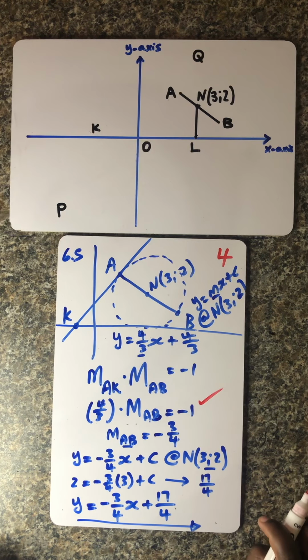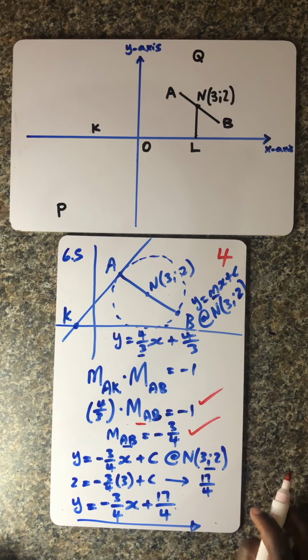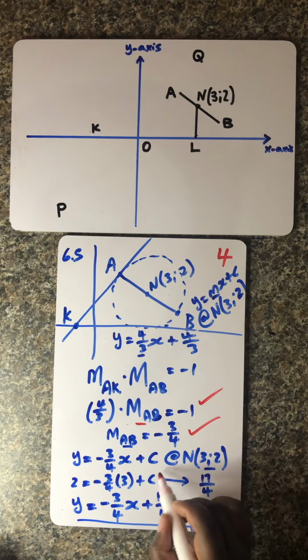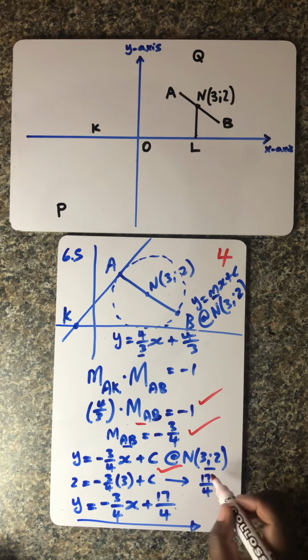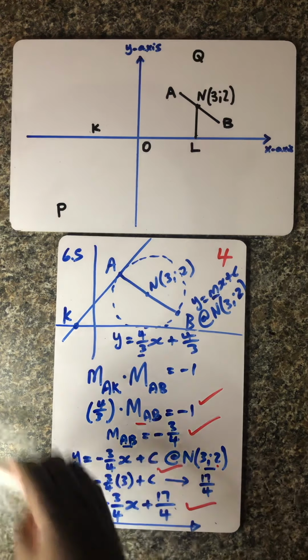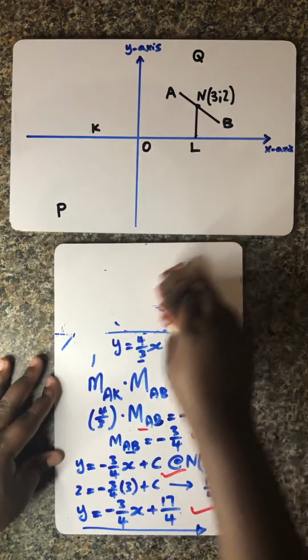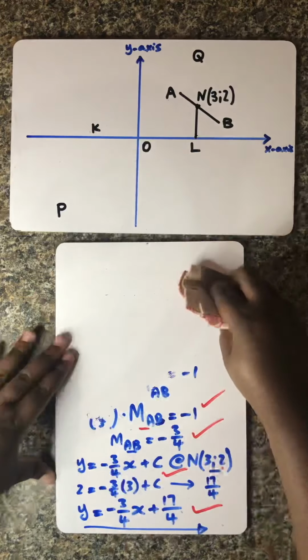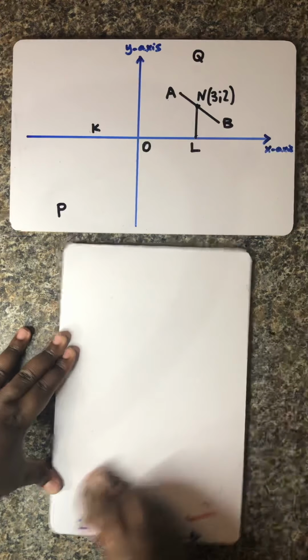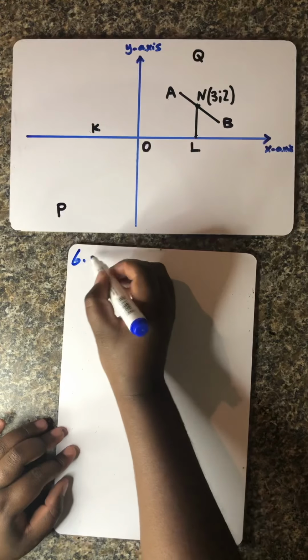For you to be able to calculate the gradient of AB, you deserve a mark. And again, for correct substitution of these values, we give you a mark. And lastly, this is where you score your final mark. So ladies and gentlemen, this is how you answer question 6.5.